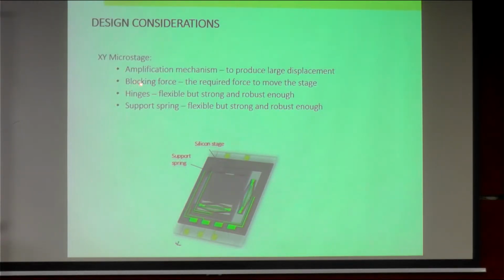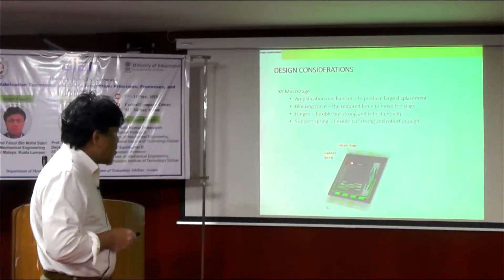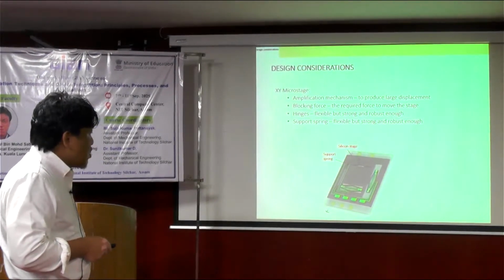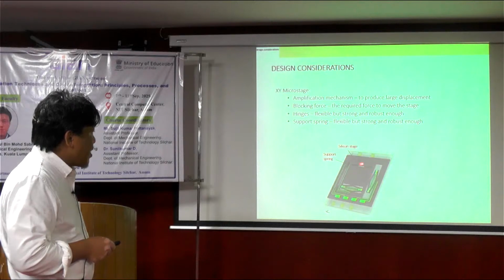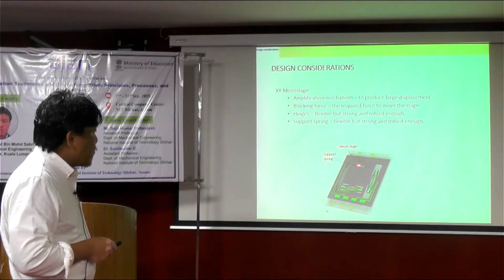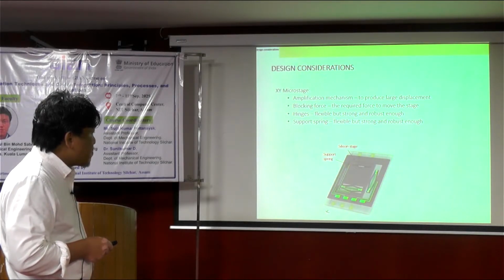And what needs to be considered next is the blocking force. Blocking force means you have to have some means of handling or maintaining the position of the stage and making it robust as well. Let's say here you need a support mechanism in order to hold the position. Then of course, in order to make a movement, you have to overcome the spring constant of the support.